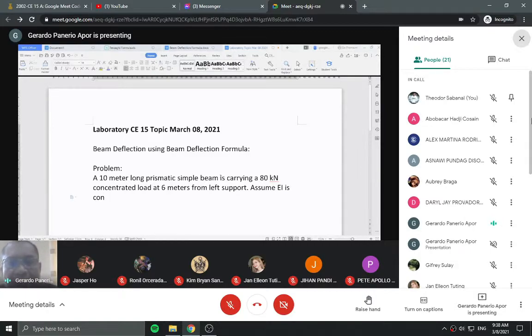This term EI is what we call beam stiffness. Do you know the Visayan term for stiffness?